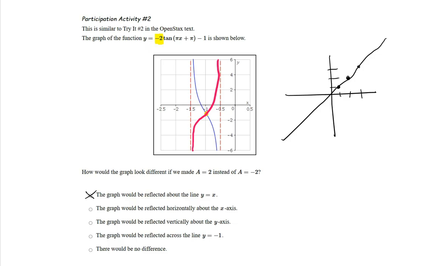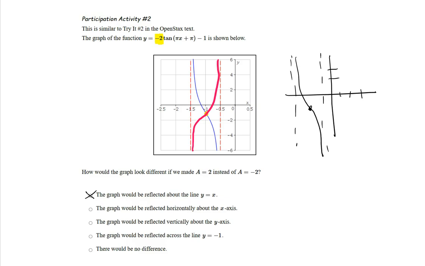The graph would be reflected horizontally about the x-axis. Nope, that's not what's happening, because if it were to flip around the x-axis, then the point, let's see, your dashed lines are here and here, and it's right there, and your graph is doing this.